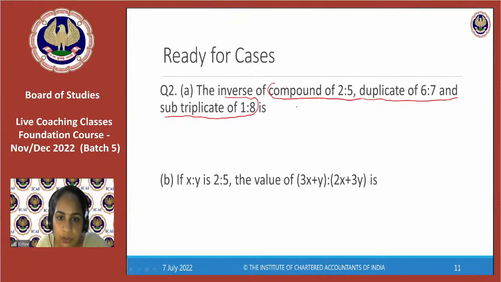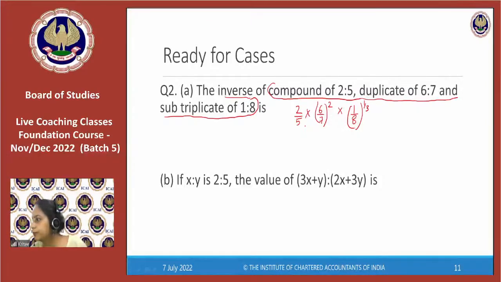Fine. So 2:5 multiplied with duplicate. Duplicate, if you remember, is the square. Duplicate of 6:7 and subtriplicate. Subtriplicate is cube root. And compound these. Compound these means multiply them.